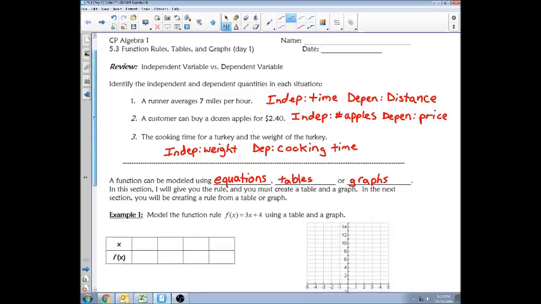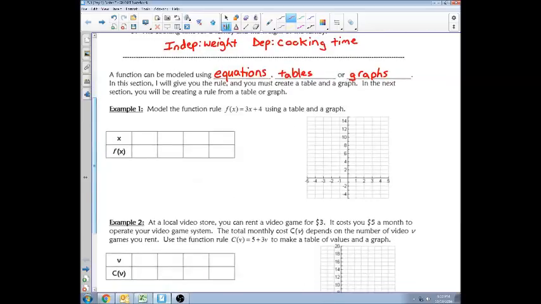All right? Example 1. Model the function rule f of x is equal to 3x plus 4 using a table and a graph. What I want to do here is plug some things in for x to find my f of x or my y so that I can go ahead and graph it.